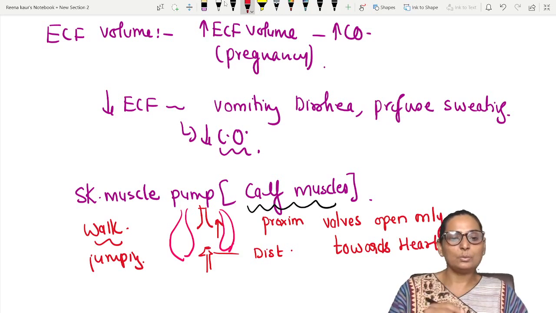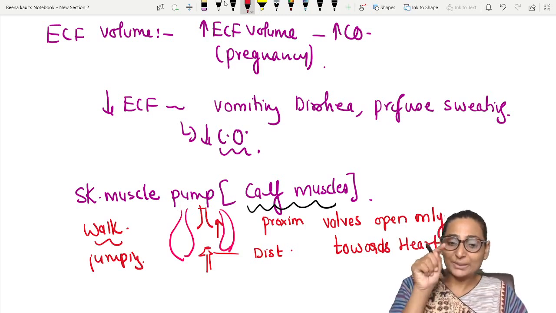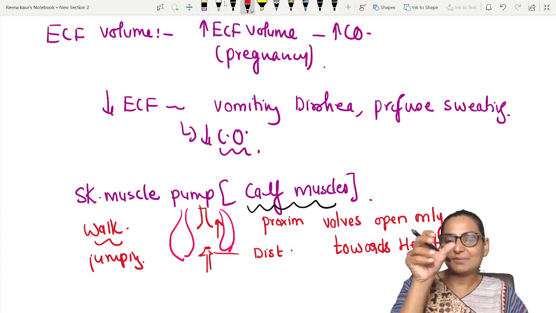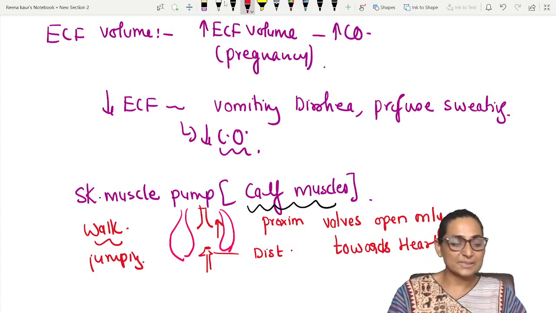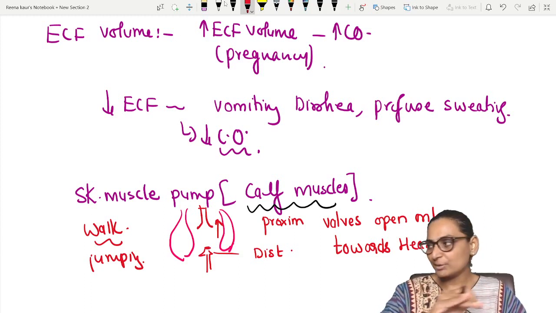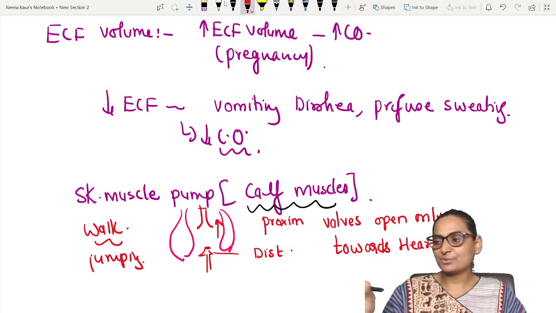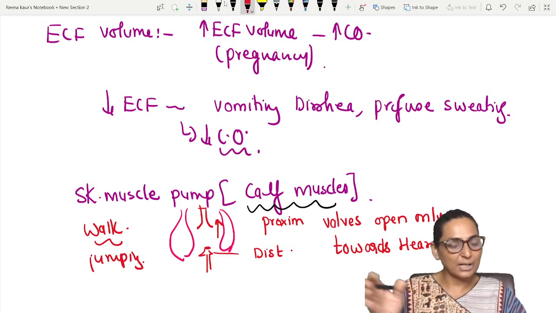Always towards the heart. So the blood will go upward through the proximal valves, and the distal valves will close. So one very important thing: if you find that any person has a fainting attack, what should you do? Lay the patient supine. When you lay them supine, the venous return to the heart will increase.